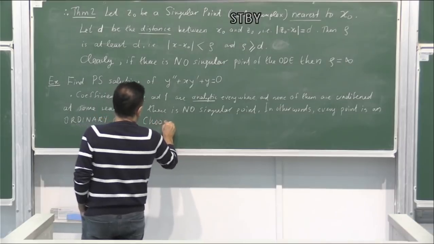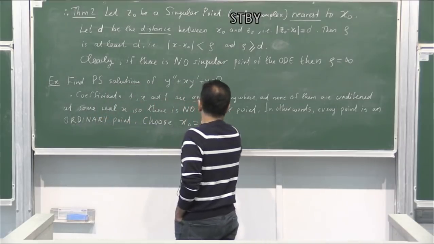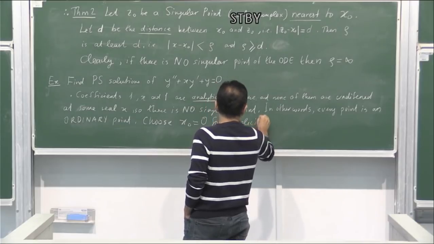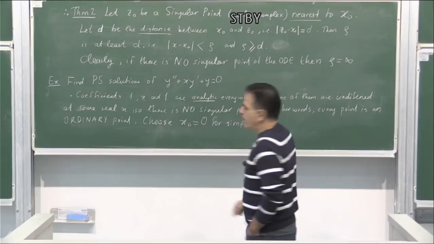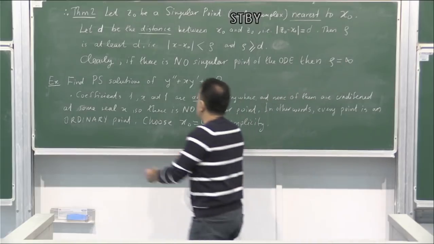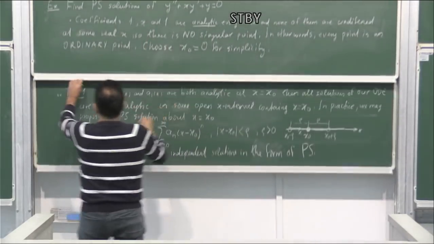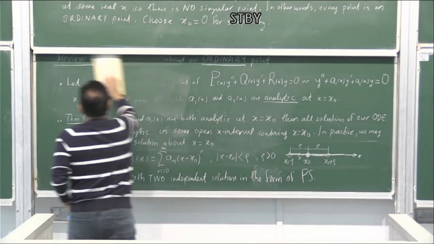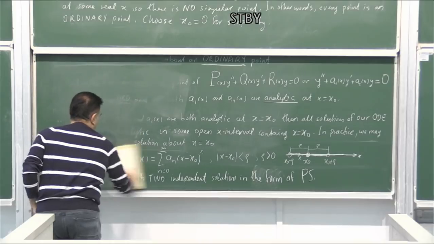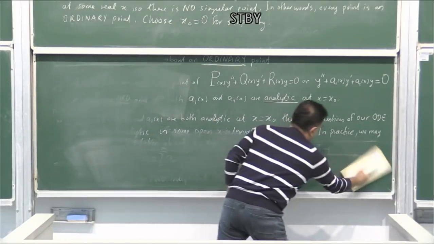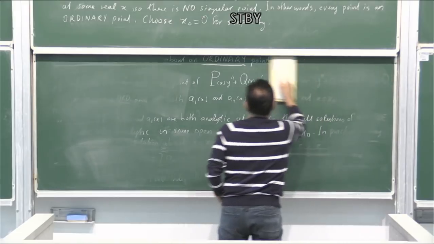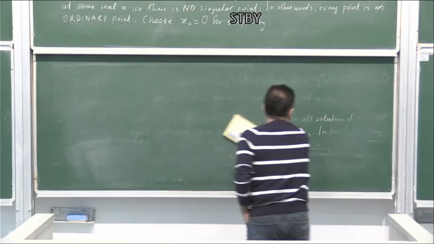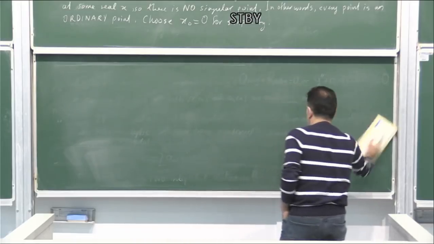So let's choose x0 equal to 0 for simplicity. It is an ordinary point. So now when we choose x0 equal to 0, this means that we are interested in a power series in the form of a Maclaurin series. Right?